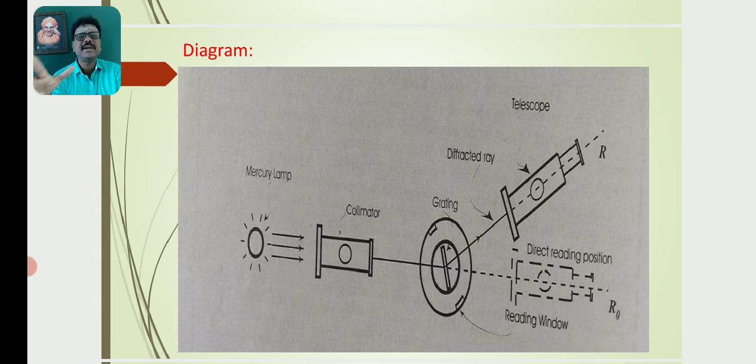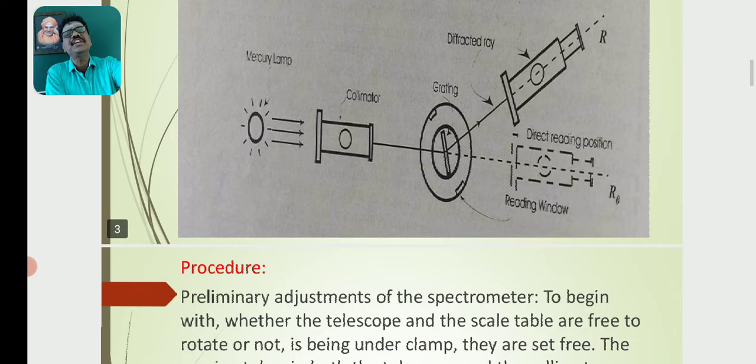This is the experimental arrangement we need for the determination of wavelengths of different colors by using a plane diffraction grating.